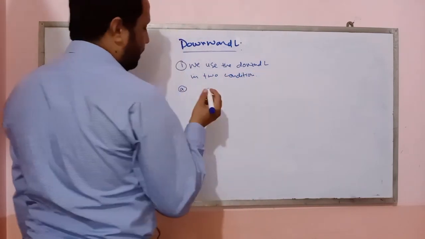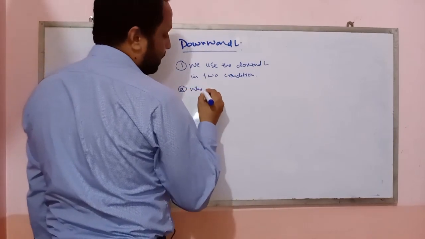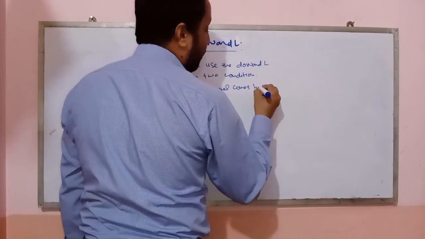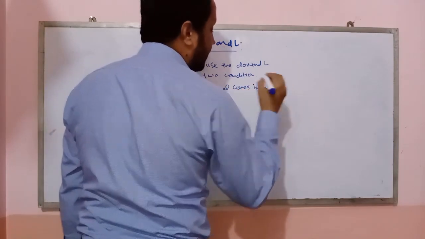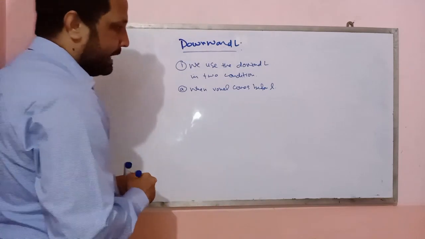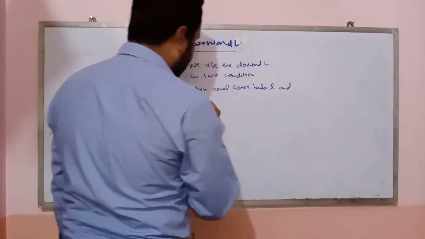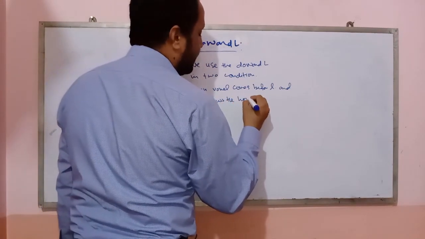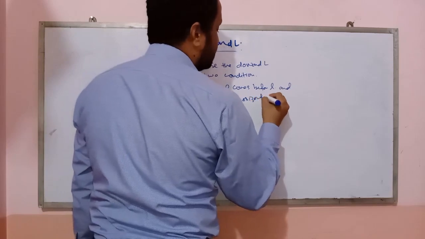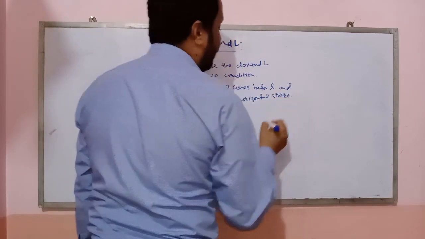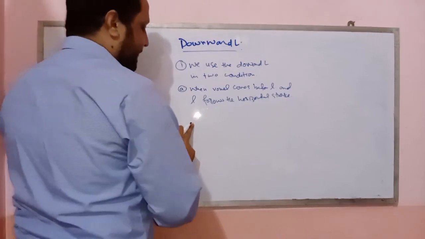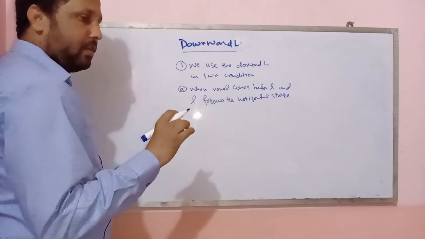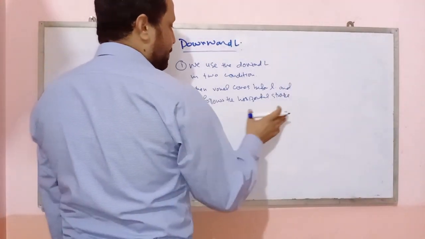The first one is when a vowel comes before L and L follows a horizontal stroke, then we use the downward form of L.